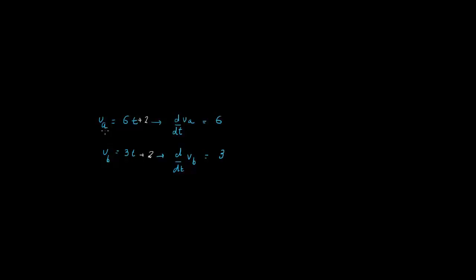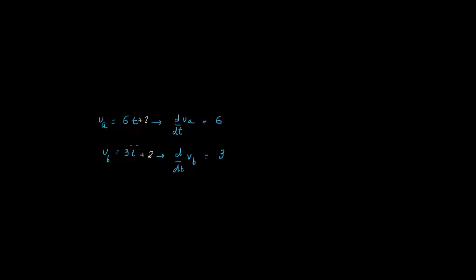Now, if only tap A was working, then the rate at which the amount of water will be changing is the derivative of this function, which is dependent on time, obviously. So d by dt of VA gives us the rate of change of volume due to tap A only, and that comes equal to 6.